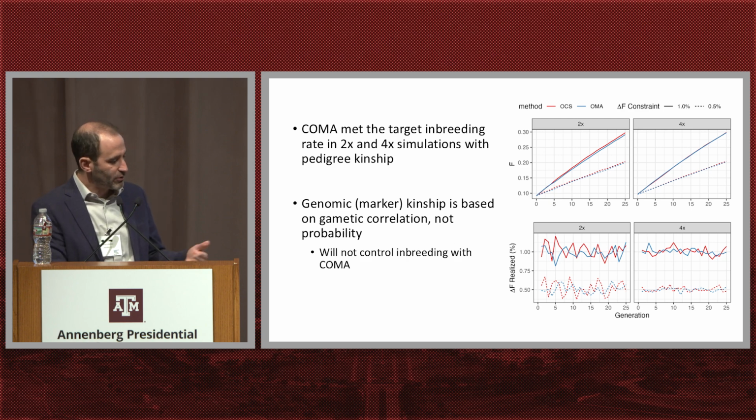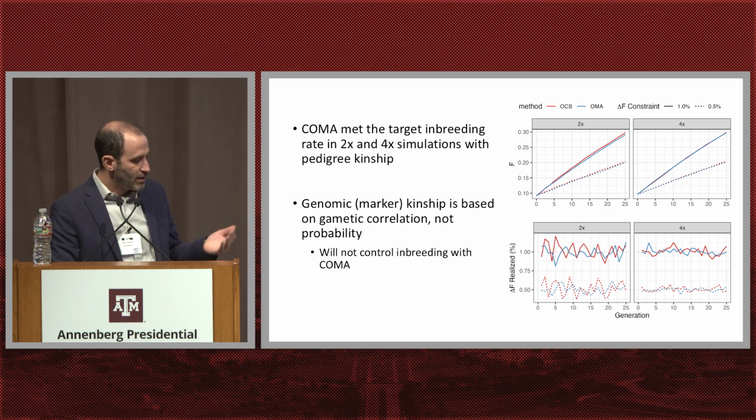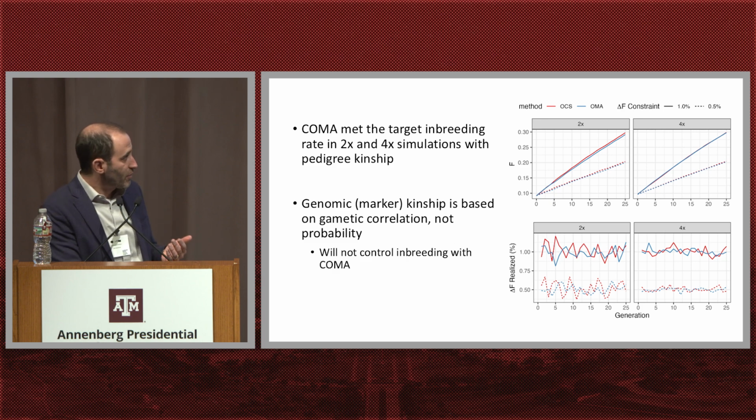The top panel here is showing you the inbreeding coefficient over time. I'm showing you a 1% inbreeding rate and a 0.5% inbreeding rate, with the 1% rate starting at an average inbreeding coefficient of 0.1. It goes up to 0.3 over 25 cycles, and it goes up to basically only 0.2 at a 0.5% inbreeding rate.